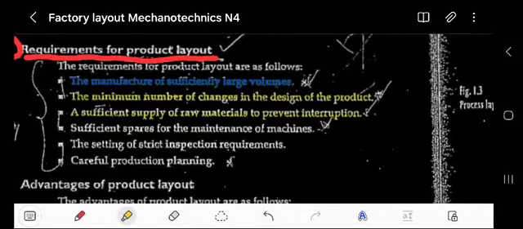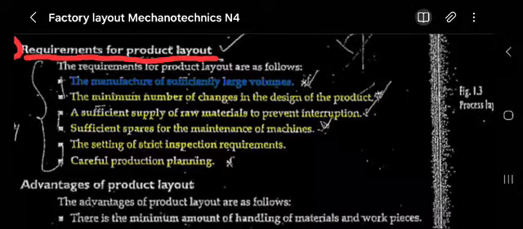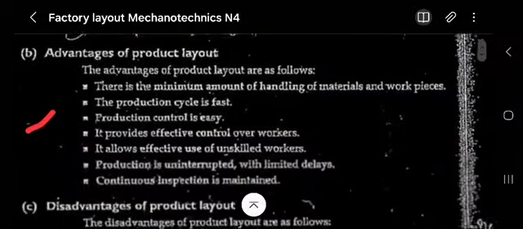Sufficient space for maintenance of machines, the setting of strict inspection requirements, and careful product planning. This simply means a minimum number of changes in the design of the product. You check the large volume, you check even the space. We have discussed this. Now let us check the advantages of product layout.